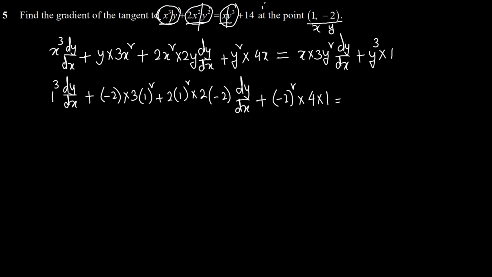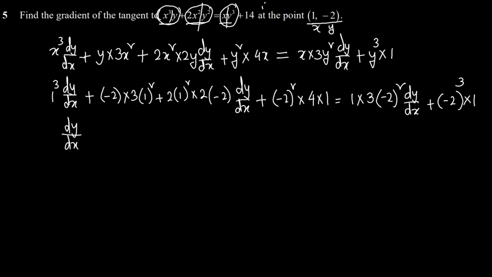On the right side it is 1 into 3 into (y is minus 2) whole square, then dy by dx, plus (minus 2) to the power 3 into 1. Let me simplify. 1 cube is 1, so you can write it as dy by dx directly.